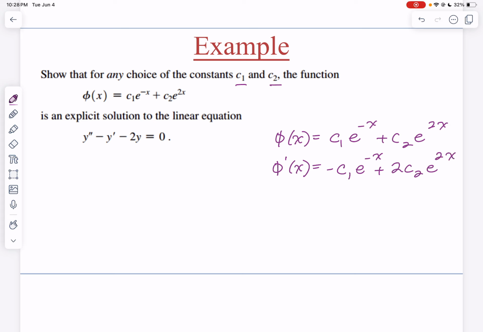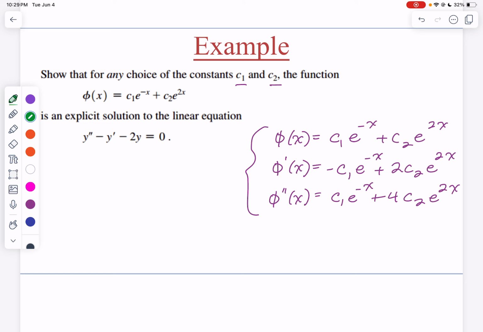2c2 e to the 2x. And so, looking at our second derivative, we will have a positive c1 e to the negative x, and then we will have plus 4c2 e to the 2x. Now, we're going to go ahead and substitute those into our given DE.